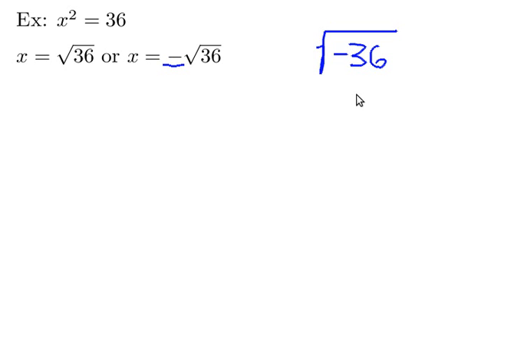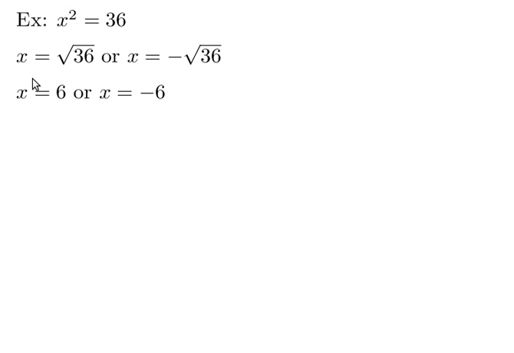They do talk about it in the book, though. So we have that x equals square root of 36, or x equals negative square root of 36. So the square root of 36 is going to be 6. So we have x equals 6, or x equals negative 6.